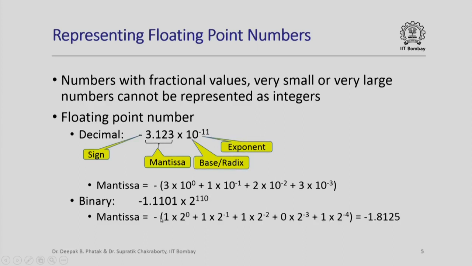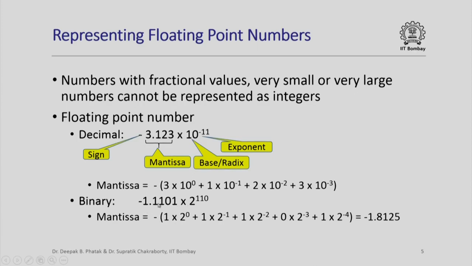So if I look at this number represented in binary, the mantissa here has of course the minus sign because it is a negative number. This one just to the left of this binary radix point corresponds, in an integer, to the least significant bit. So here also we will multiply it by 2 raised to 0, just like the least significant bit of an integer was multiplied by 2 raised to 0.